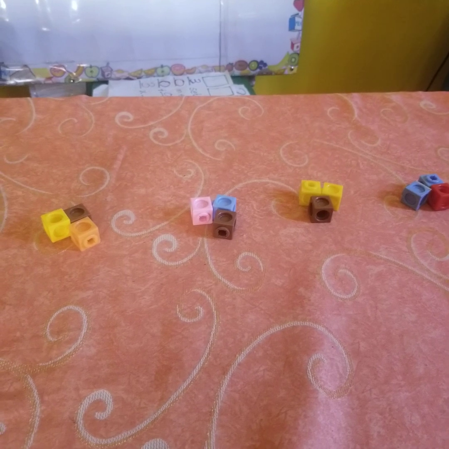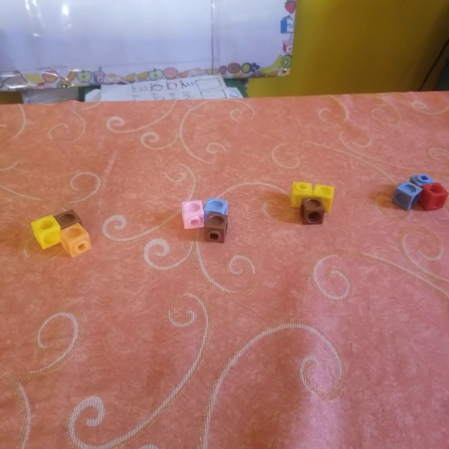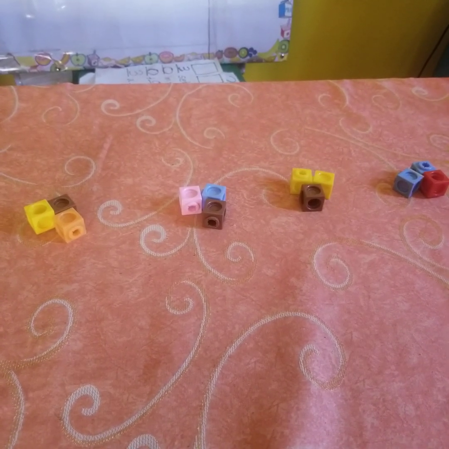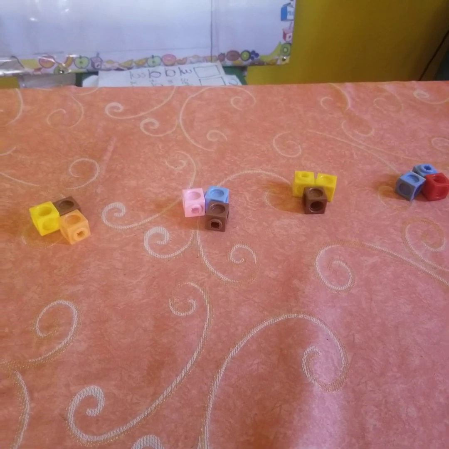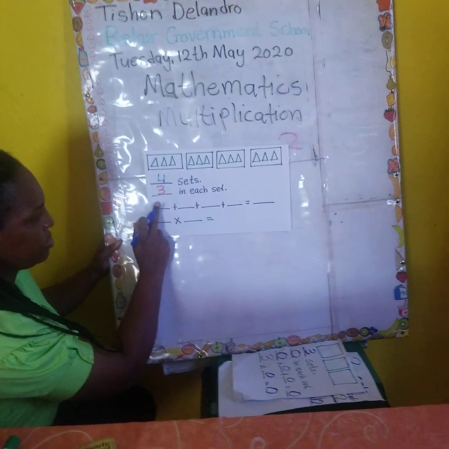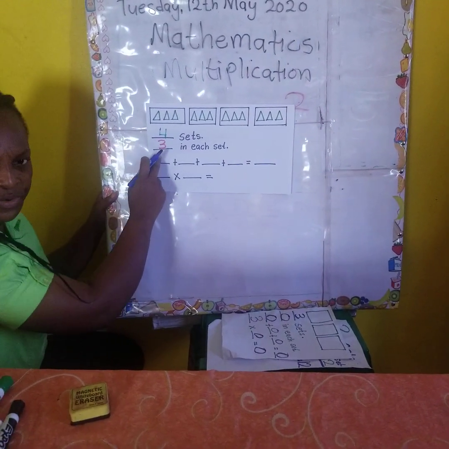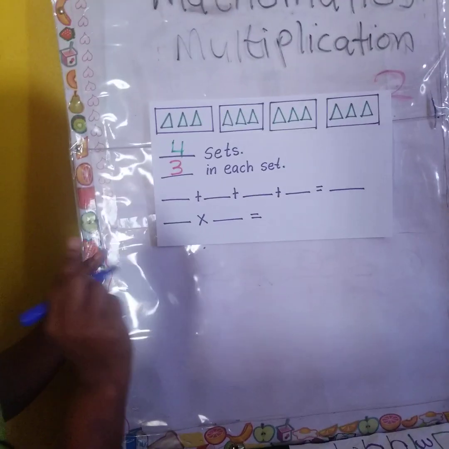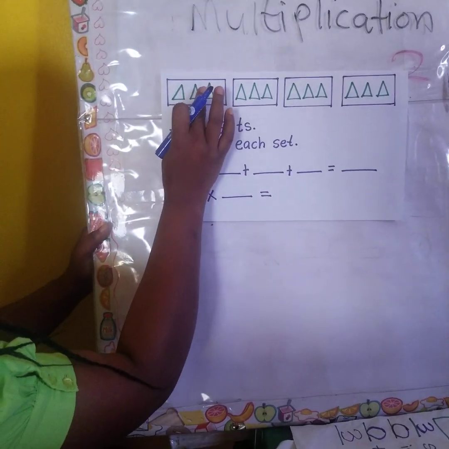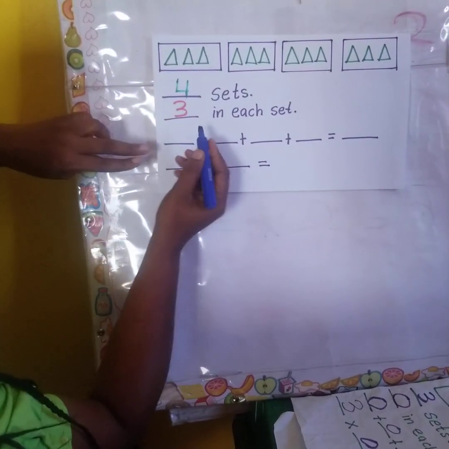And what did we do to get the 12? We added. Very good. So what number do I have to put here? The 3. Why? Because that's the number in each set, and we have to add the amount in each set in order to give us our answer.